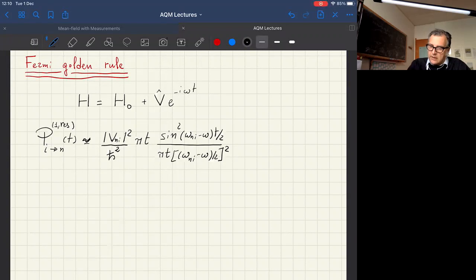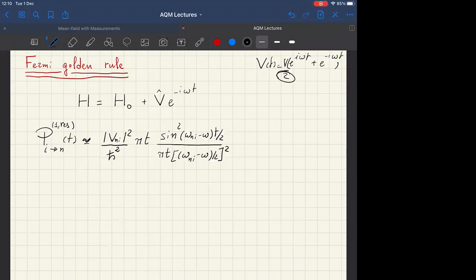Yeah, because in the previous case, the perturbation was e^{iωt} plus e^{-iωt} times V divided by 2. This 2 squared is 4. Okay? Yes.